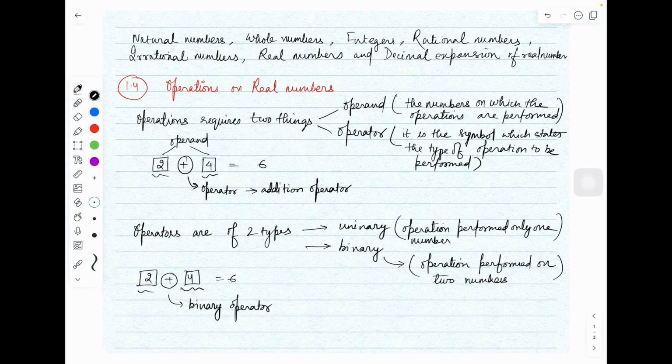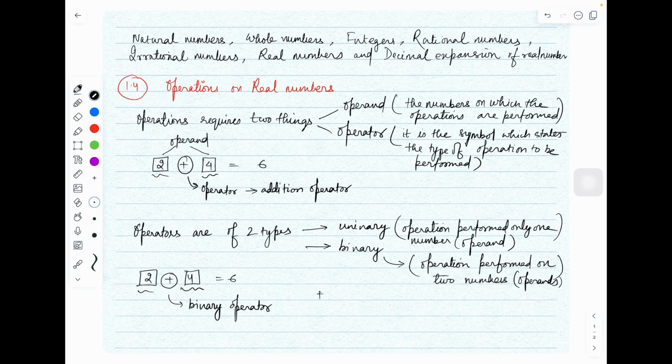It requires operation performed on two numbers, or you can say two operands. Operation performed on only one operand is a unary operator. Operation performed on two operands is binary. 2 plus 4 equals 6 means it is a binary operator.